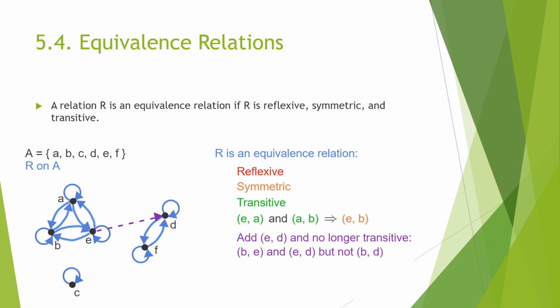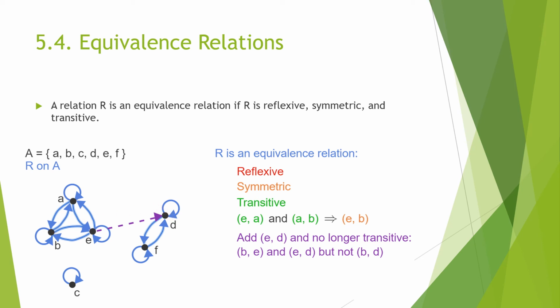However, if you connect E to D using this dotted purple arrow that you see here, then you can find a counterexample for transitivity. For example, you can say B is related to E and E is related to D, but B and D are not related.